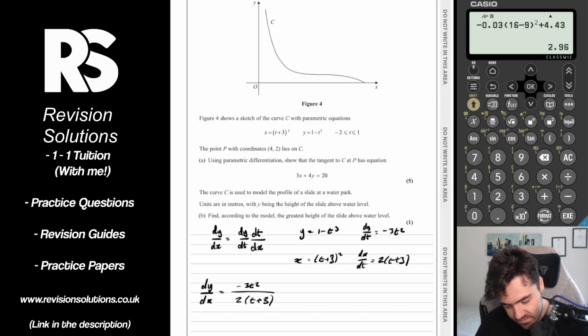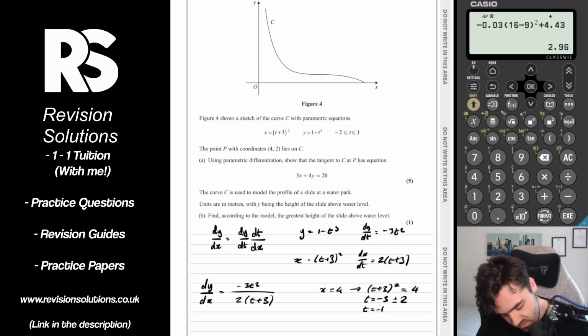Then we're going to need to find the value of t for our point. So I'm going to use the x-coordinate. If x is 4, then that would mean (t plus 3) squared equals 4. So that would give us t equals minus 3 plus or minus 2, but it can't be minus 5 because it says t is between minus 2 and 1. So it's going to have to be minus 3 plus 2, so t equals minus 1.